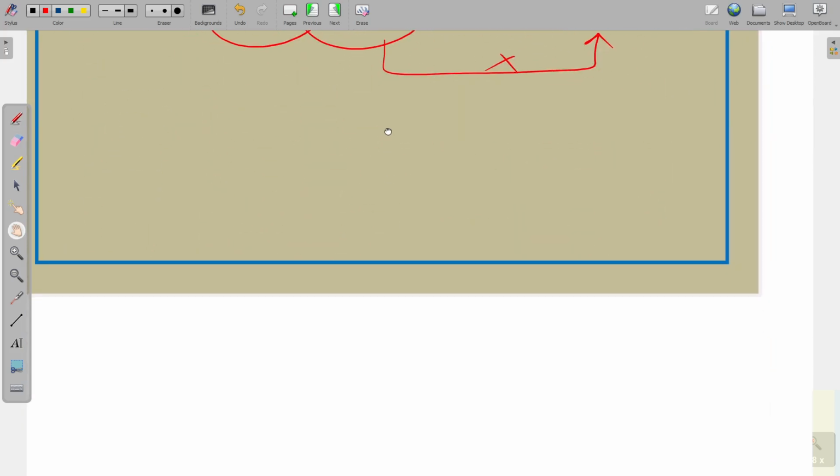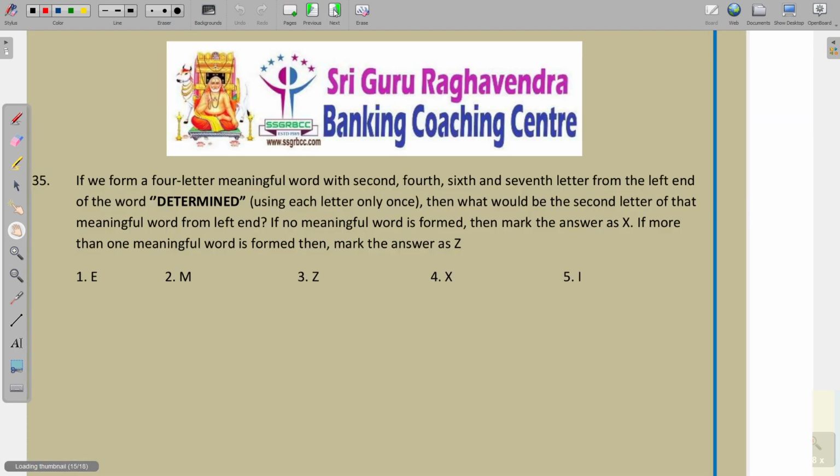Next, question number 35. So see, if we form a 4-letter meaningful word from determined, starting from the second letter, fourth letter, sixth and seventh, that is E, E, M and I. So how many meaningful words are formed, using each letter only once?